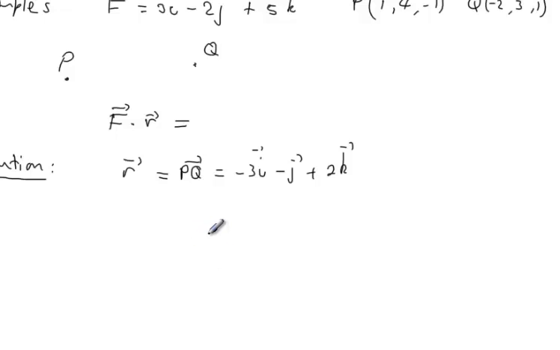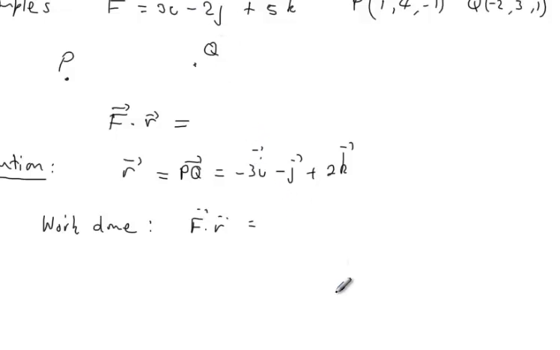Okay, then now what do we do? We now have the components of R and the components of F. Then what is work done? Therefore, work done is F dot R. I just take the components and multiply them.